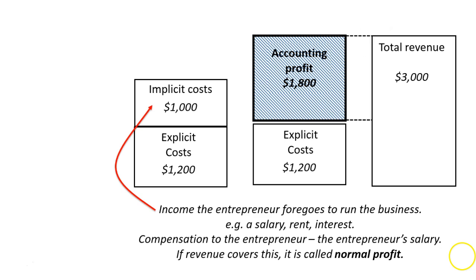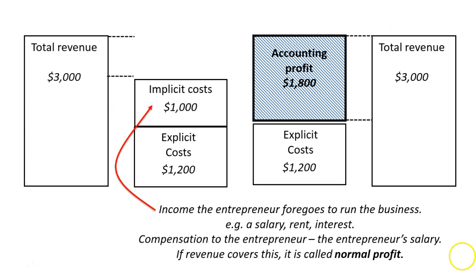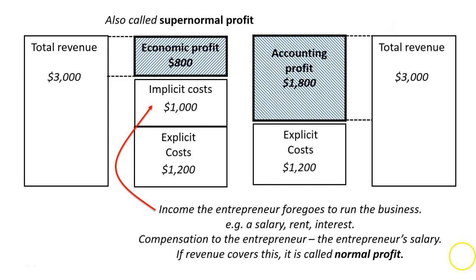Okay. So we've got the explicit and the implicit costs, and we've got our total revenue. Now the total revenue is, as we saw before, $3,000 per week. So, from the economist's perspective, how much profit is being generated? It's $800 per week. Economic profit. Economic profit is also sometimes called supernormal profit, that is, profit over and above the so-called normal profit.